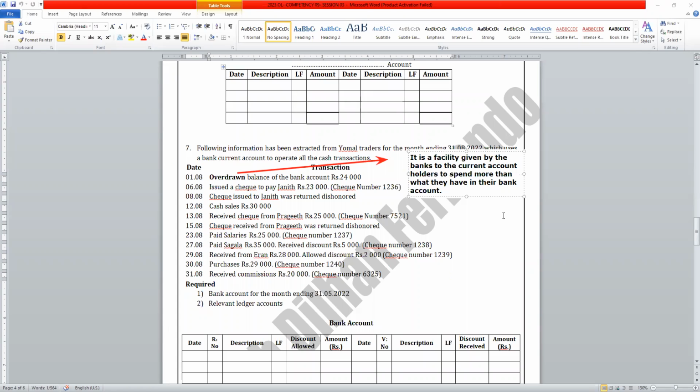Overdraft is a facility given by the banks to the current account holders to spend more than what they have in their bank account. Next point, listen to me.